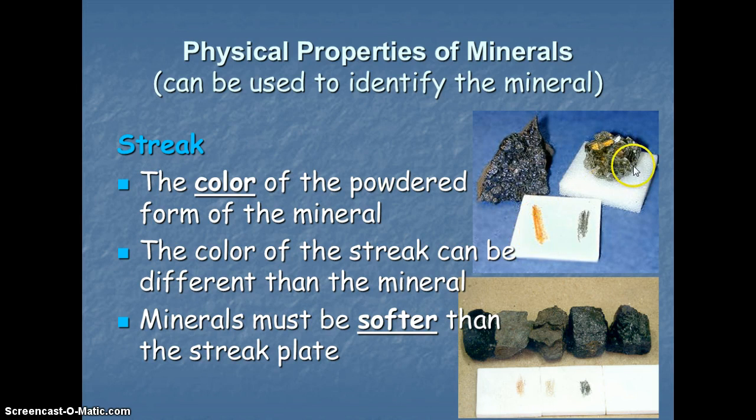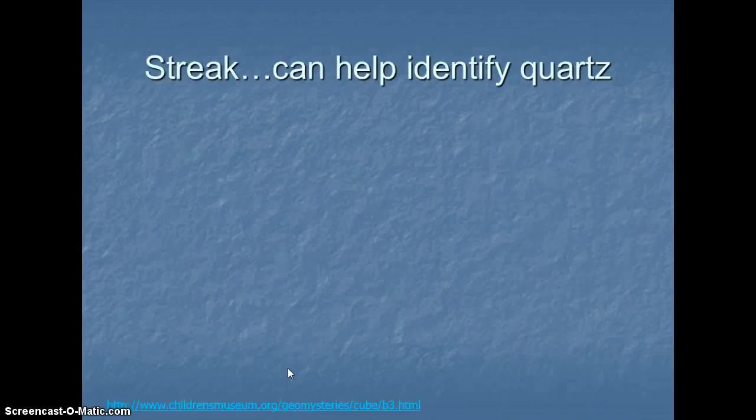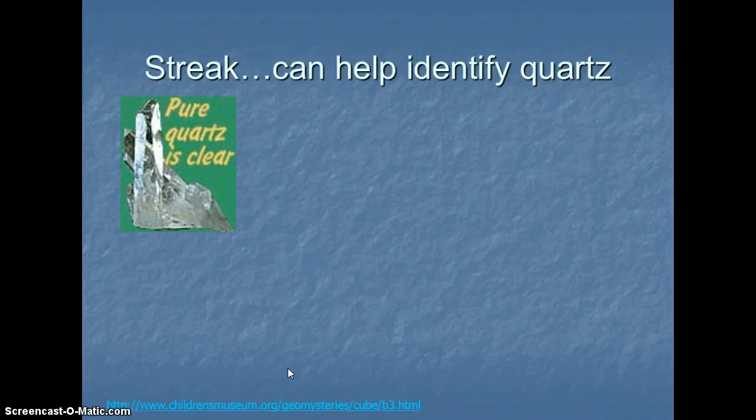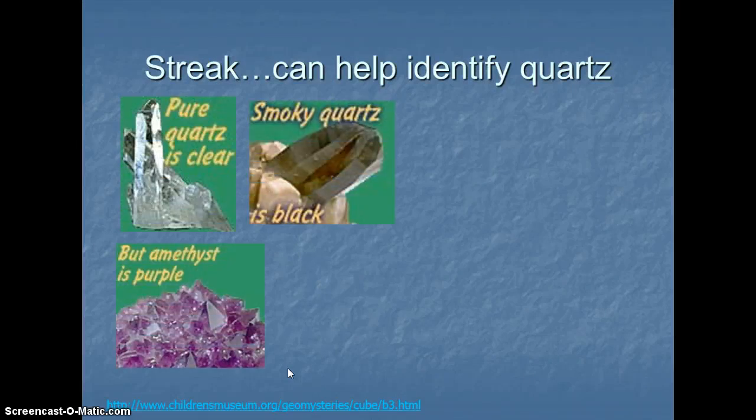It's very different. Minerals must be softer than the streak plate to be able to work. If it's harder than the streak plate, then it's just going to scratch the streak plate. It's not going to leave behind a streak. But streaks can be used to identify. Streak can help identify quartz. You've got different kinds of quartz.